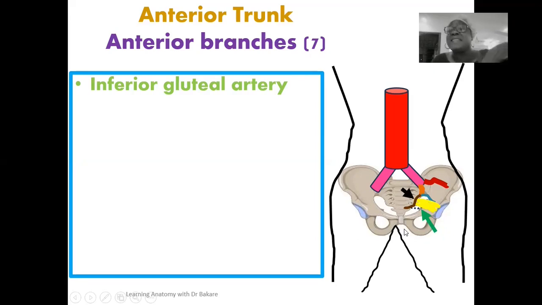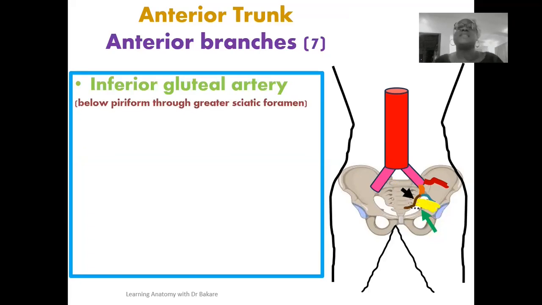So you see it being directed inferior to the piriformis, of course, accessing the greater sciatic foramen, where it will finally exit the pelvic cavity. And now this region is directed posteriorly to supply structures that are located in the gluteal region. So you have this same course also presented by the inferior gluteal artery, just as what we have in the superior gluteal artery. The only difference is that the superior will part above, while the inferior will part below.